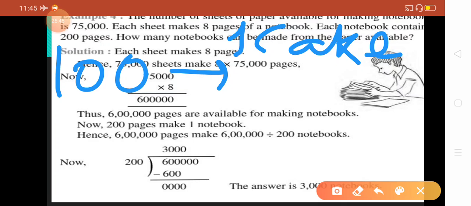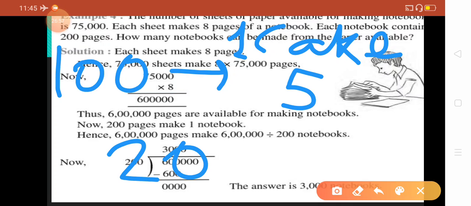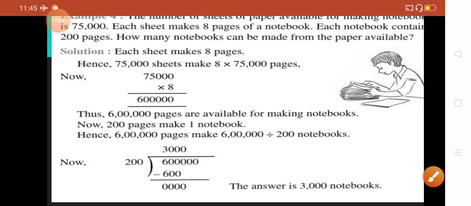In one chocolate cake we will use 5 chocolates, and we have to make 20 cakes. So you are being asked like this.